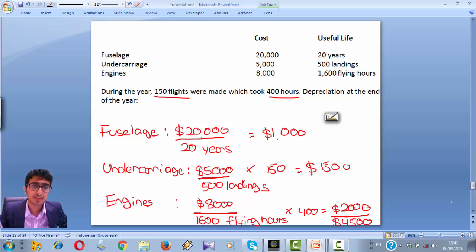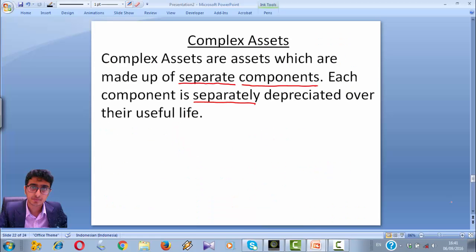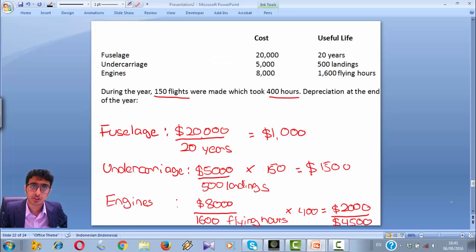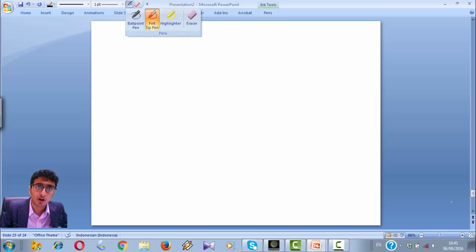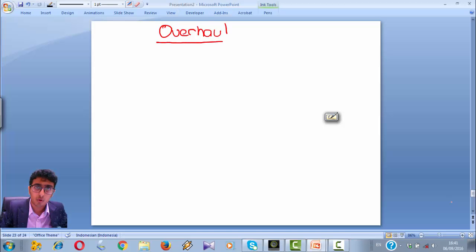Let's review again what complex assets are. Complex assets are assets which are made up of separate components. Each component is also an asset. That is why they have different costs and different useful lives. So we will calculate depreciation for 3 different parts of the aircraft. Now, when it comes to aircraft, there is also something called overhaul.